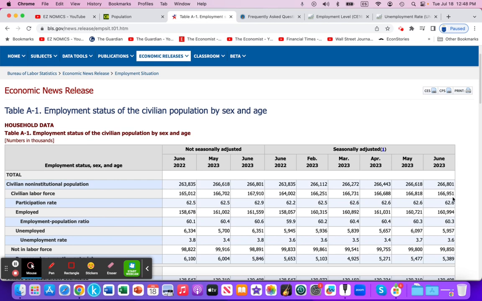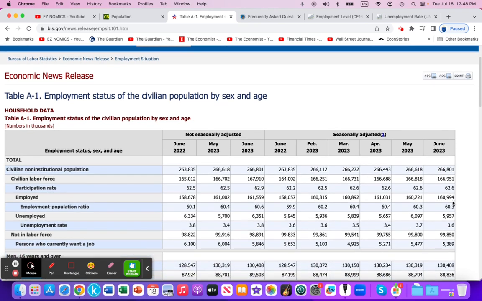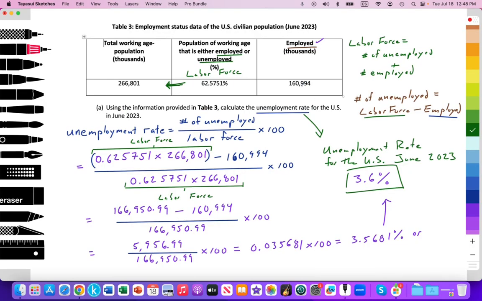166.951 million. Here we have this participation rate, which is simply 166.951 divided by 266.801. 62.6% of this population is actively part of the labor force. And of that number, we have 160.994 million people that are employed, which is the data that I used here.